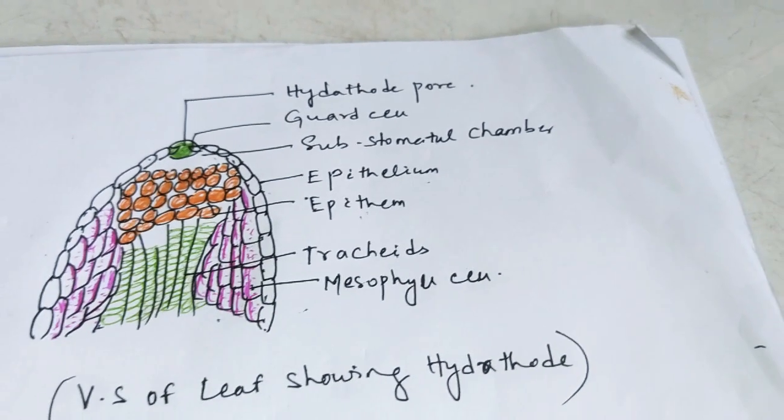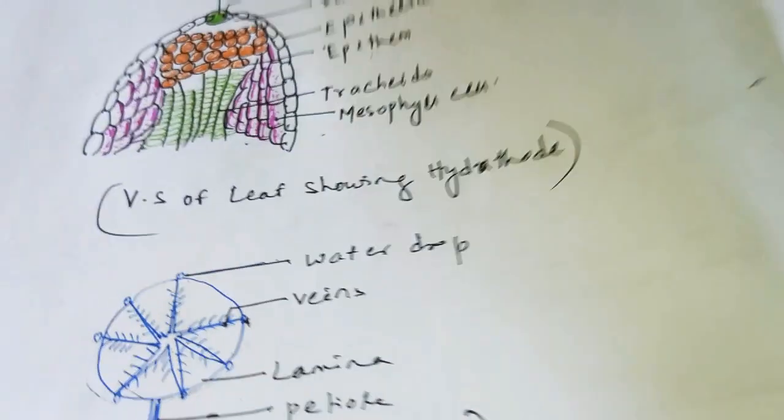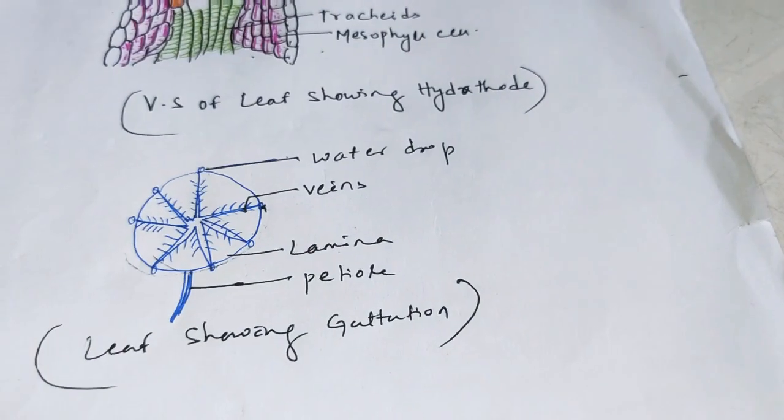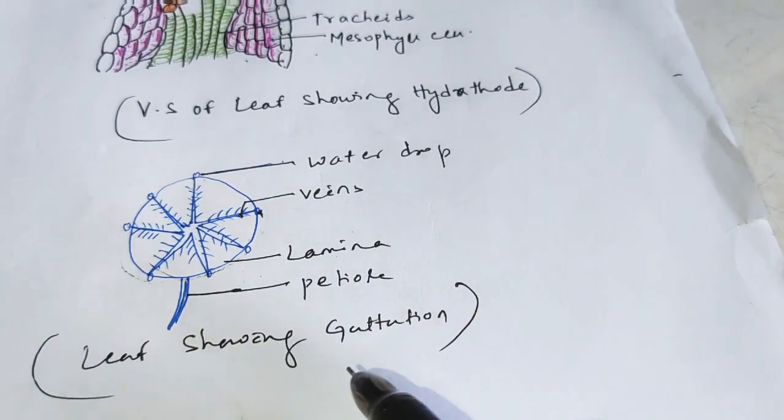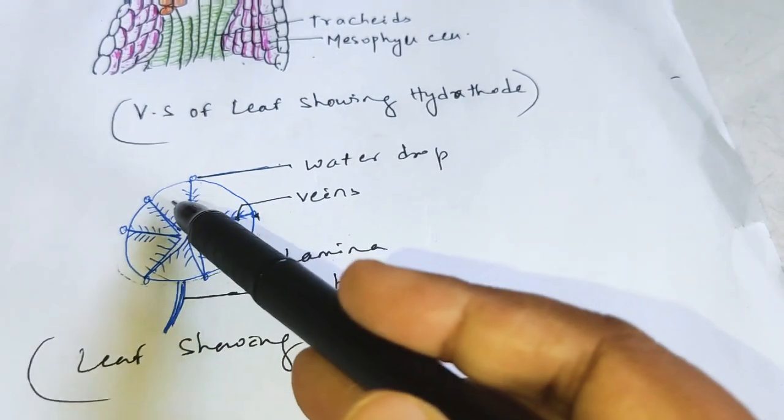Okay, now coming to this diagram, epithem. See what happened here. This one is our leaf showing guttation. Here you see the leaf structure.